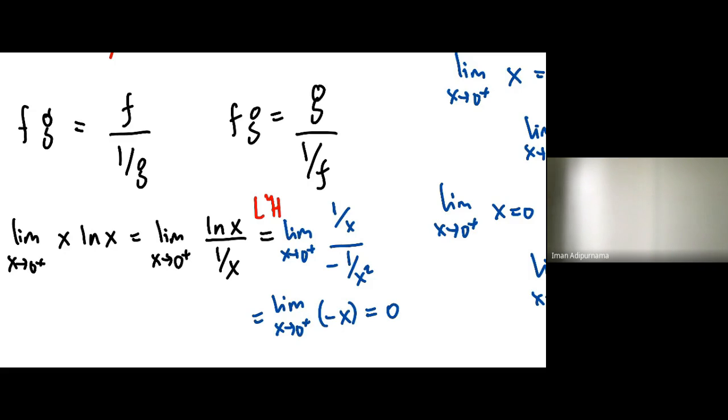But if you check x divided by 1 over ln x, and apply L'Hopital, it will be difficult because 1 over ln x gives some complicated form, and I'm not suggesting that.